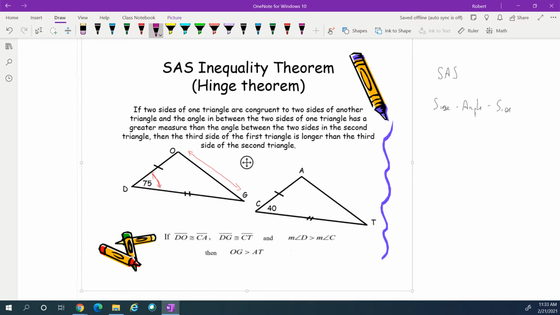So again, the relationship of angles and sides that are opposite of each other. The segments have to stay consistent. But if angle D is bigger than angle C, then OG is bigger than AT.